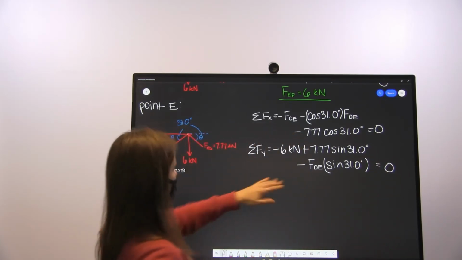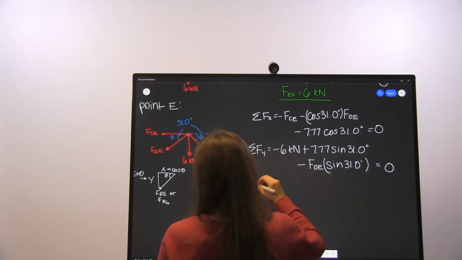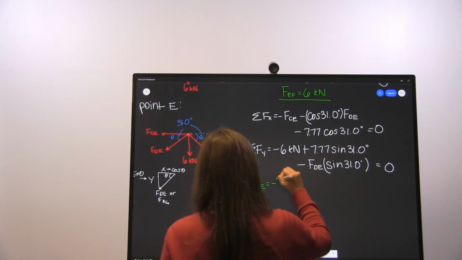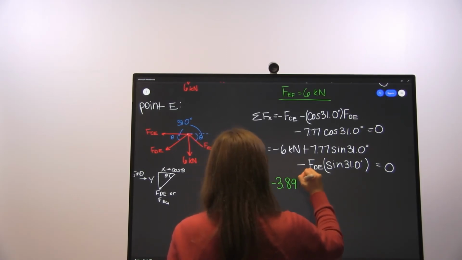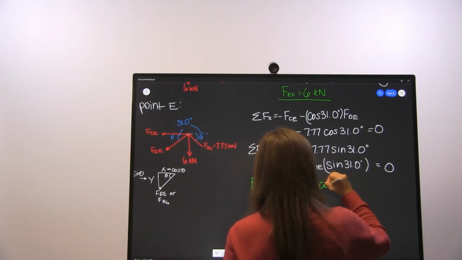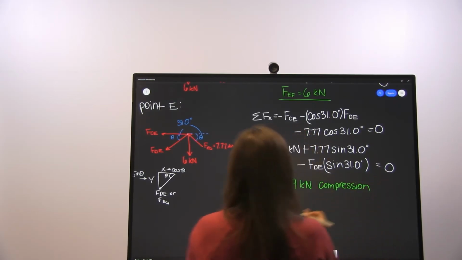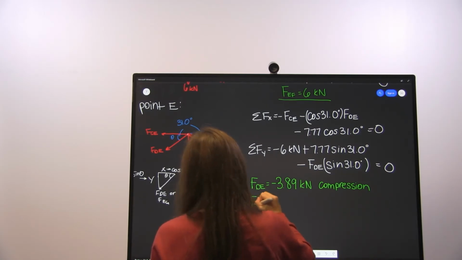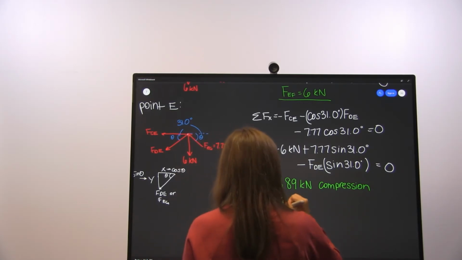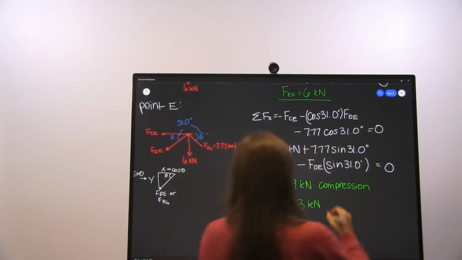So from here, we're going to take our two equations. You can plug them into Wolfram, you can solve them by hand, but we end up getting our force DE is equal to negative 3.89 kilonewtons, and that's going to be compression. That's negative, so it's compression. And then force CE is equal to negative 3.33 kilonewtons. And again, that's also compression, that's negative.